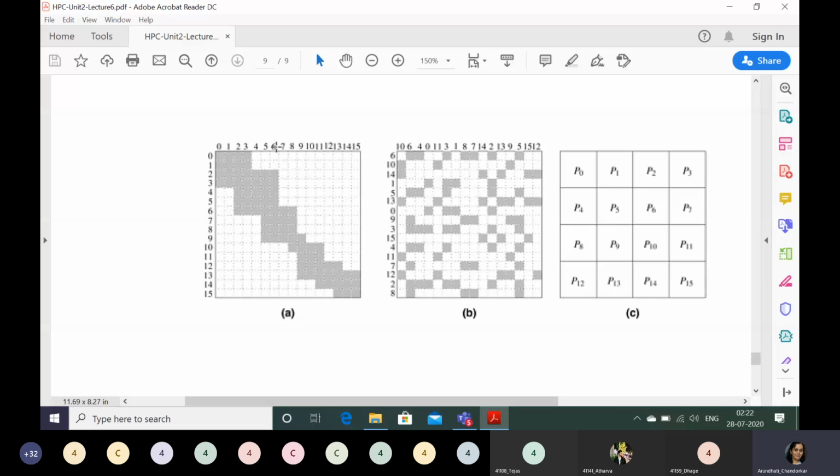One for each dimension, because we are doing two-dimensional. So two vectors we will need, and the vector length is 16. Alpha root p is the vector length, alpha is 4 here, and the number of processes is 16.